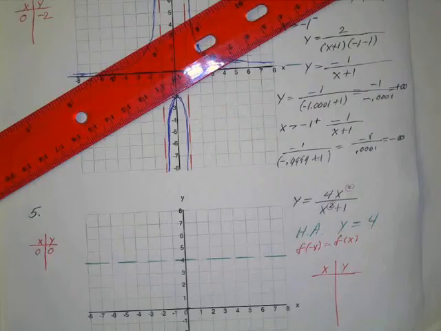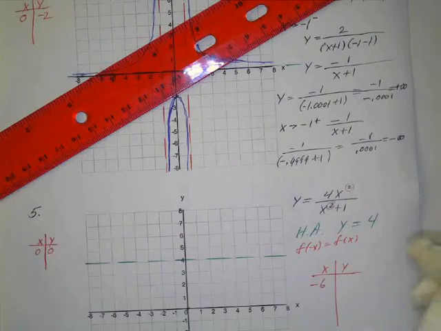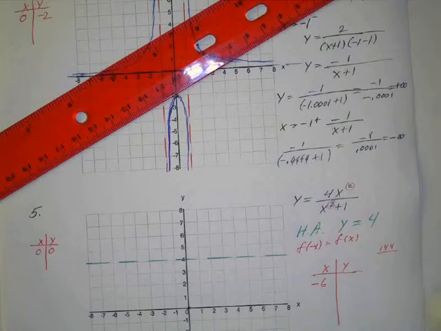Let's go over here and see what we have at, I guess, negative 6. What's negative 6 going to be? That's going to be 4 times negative 6 squared, which is 36. So 4 times 36 is 144. So I got 144 all over 6 squared, which is 36, plus 1 is 37.